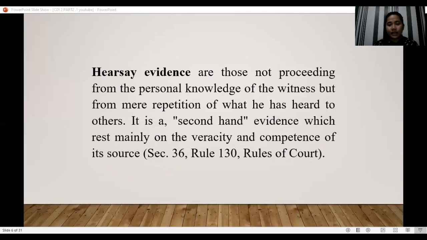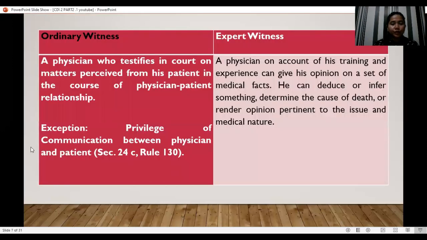And take note that physicians may be presented in court as an ordinary witness or as an expert witness. What is the distinction between an ordinary witness and an expert witness? An ordinary witness is a physician who testifies in court on matters perceived from his patient in the course of the physician-patient relationship.